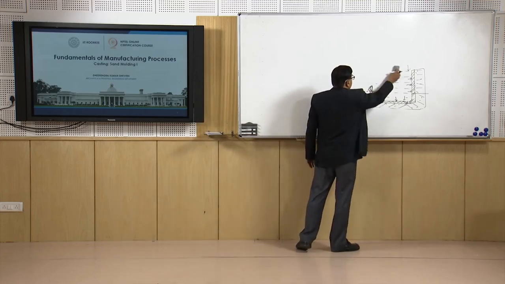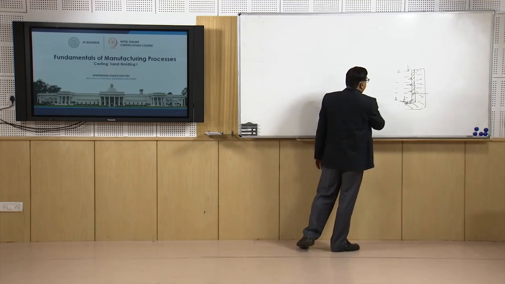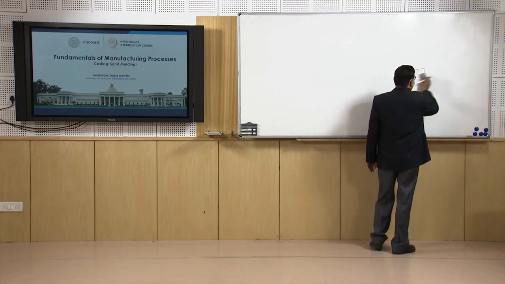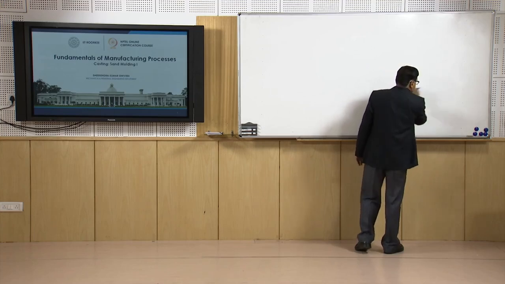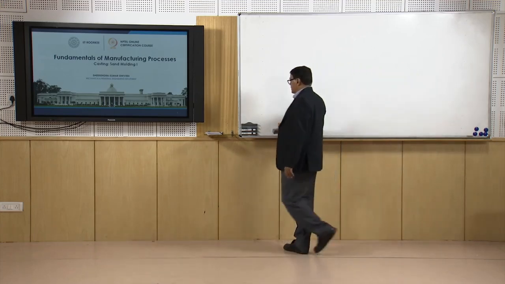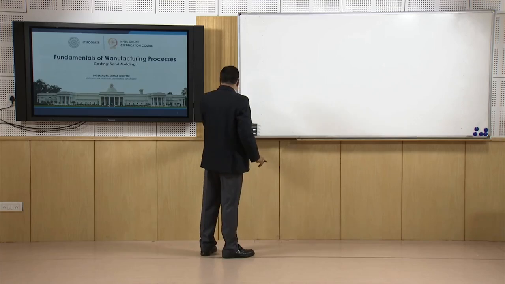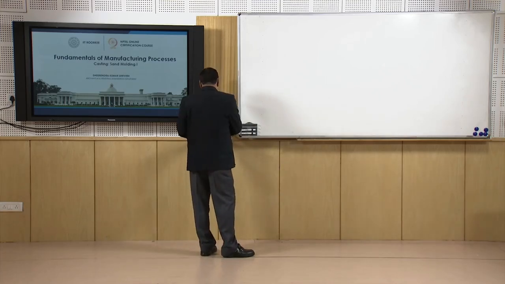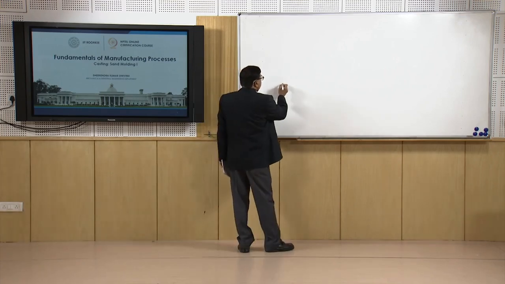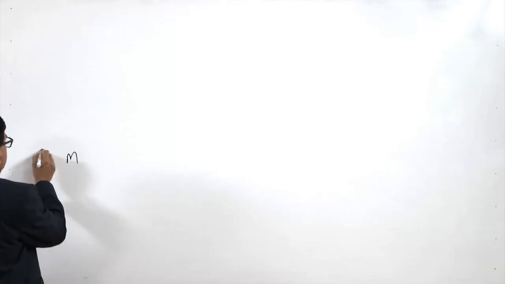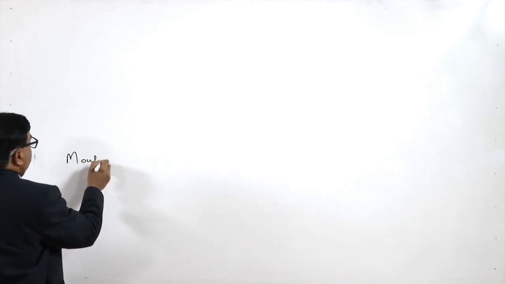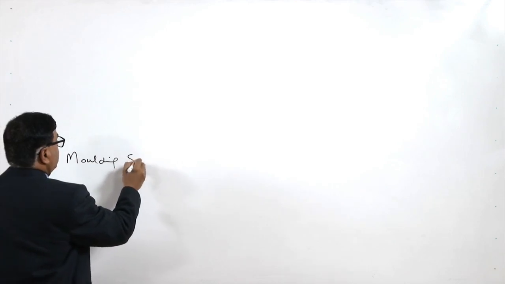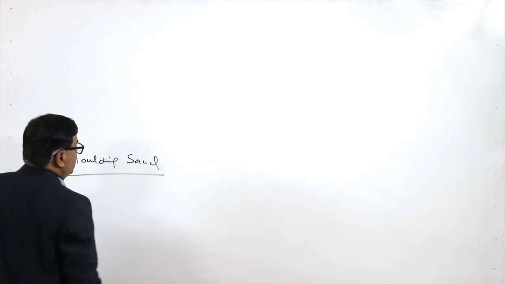So, these are some of the properties which are important for the sand mold in order to prepare castings which are free from defects and of the required size and shape. Now we will see what are the important constituents of the molding sand.